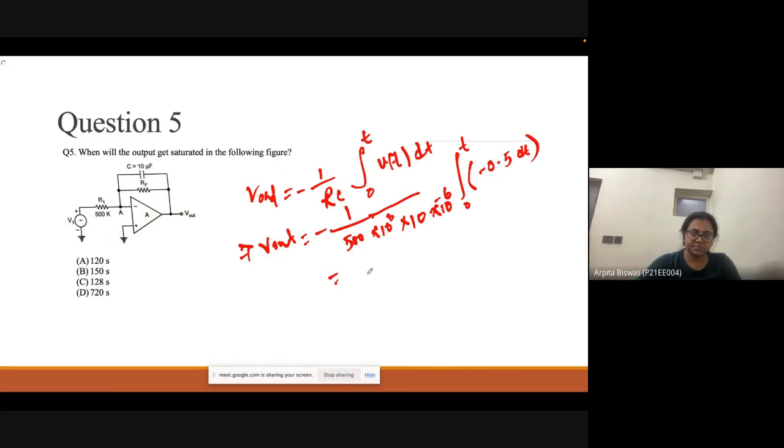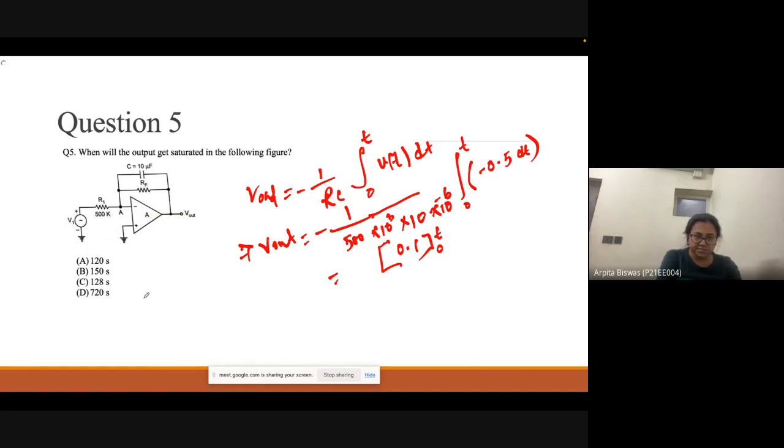Calculate it. This minus and this minus will cancel out. And if we multiply, then there is 0.5, so it will come around 0.1, and the limit is 0 to t.